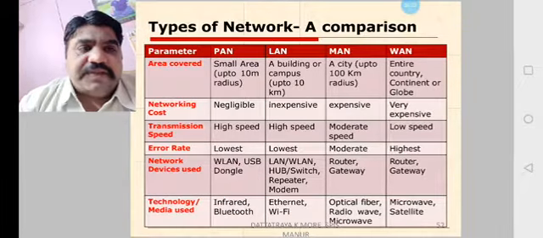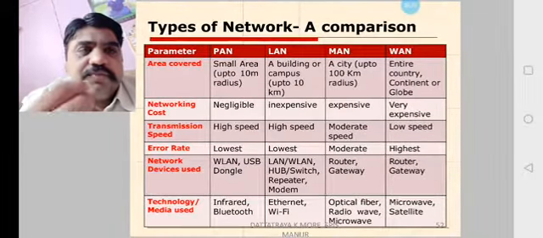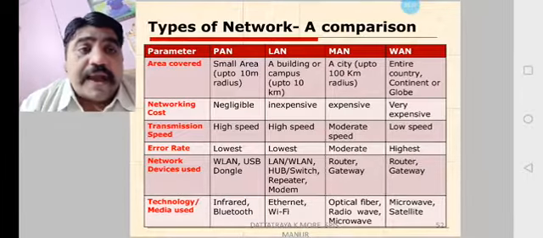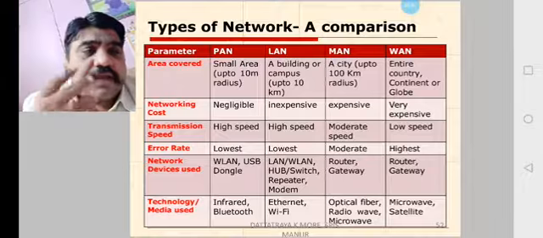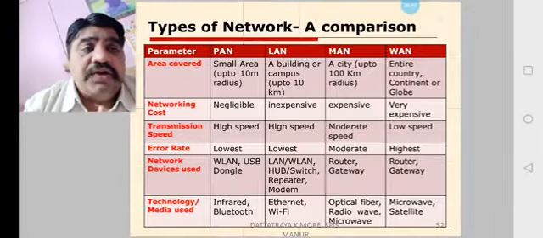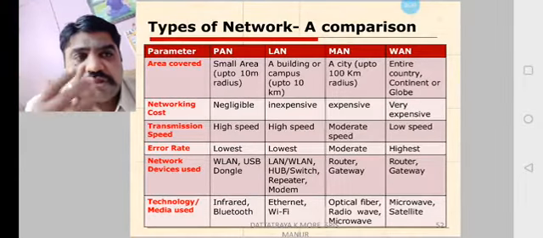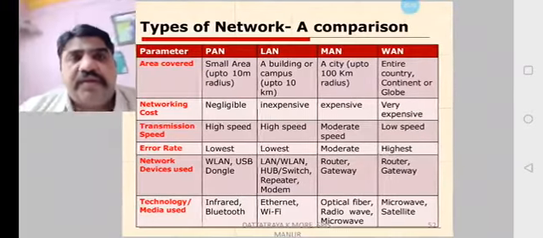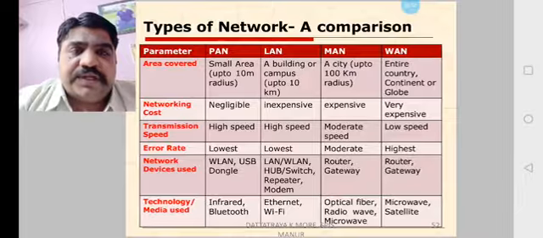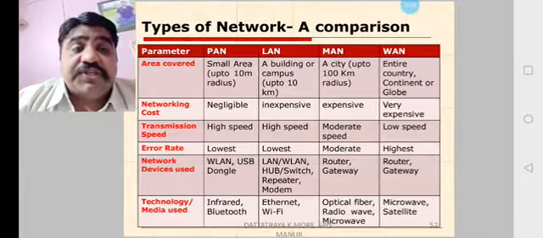Next, in LAN, inexpensive, a little bit but not that much. MAN is expensive because devices, terminators, cables are required. In WAN it is very expensive because maintenance is very big and many things are required for the WAN connection, so it is costly. Transmission speed.